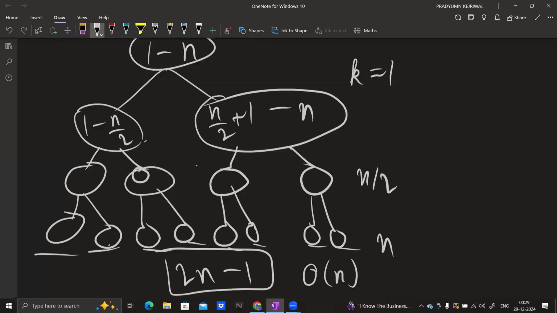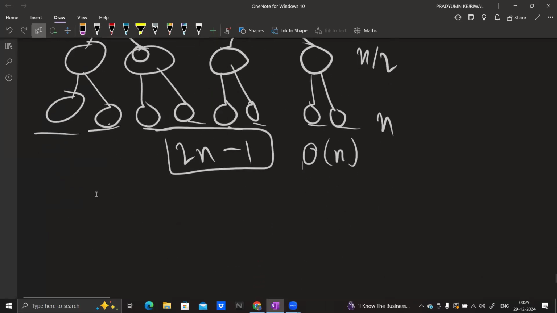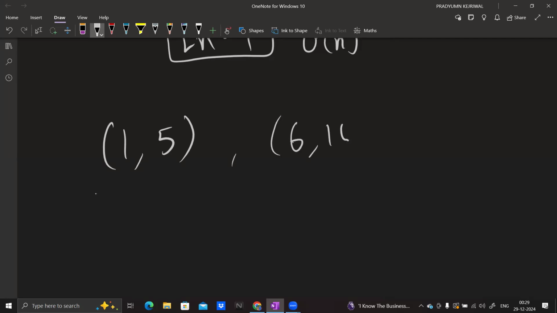So what we can actually do is, guys, let's say I tell you, observe this. We have 1 to 5. This is one range, and we have 6 to 10. Now, don't you think that this range is the same as this range?